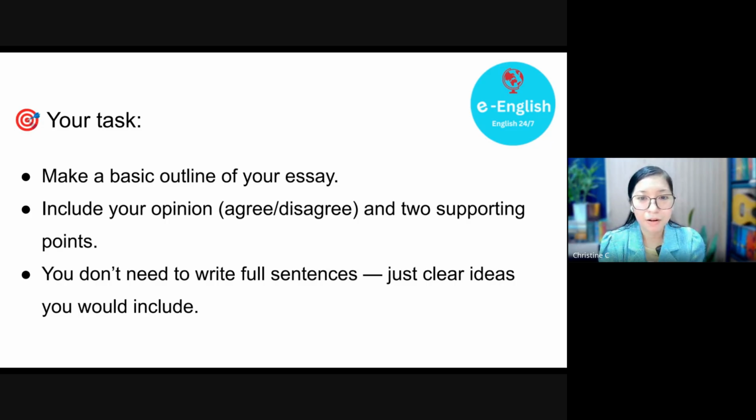For the second body paragraph, I imagine that in your outline, you could write the keyword impact on social development. So you said, second, overuse of technology can impact social development. Your example is, when children spend most of their time online, they may miss out on real-life interactions with family and friends. These face-to-face experiences are important for developing communication skills and emotional intelligence.